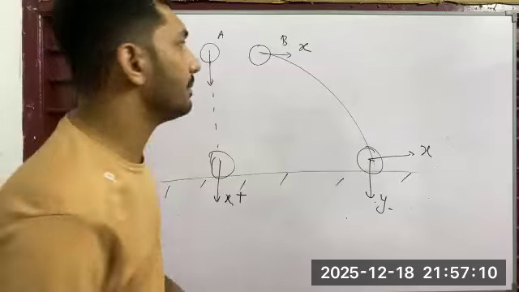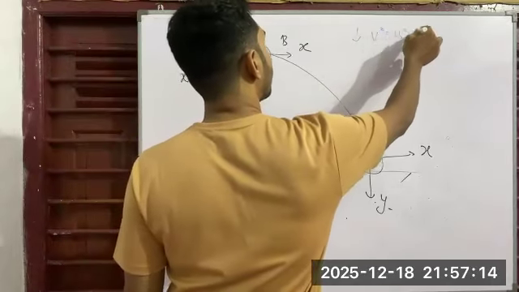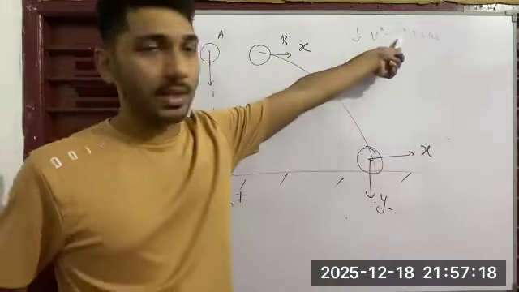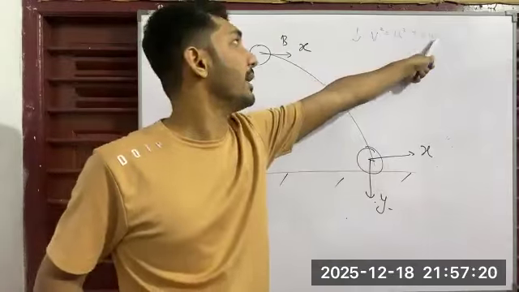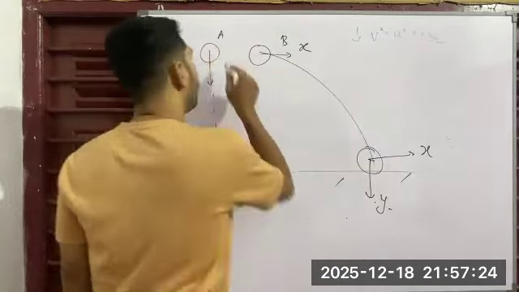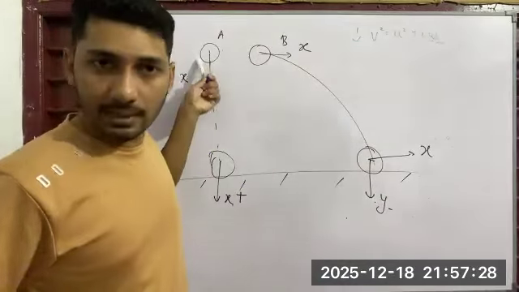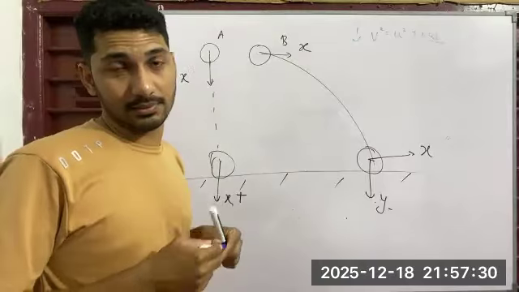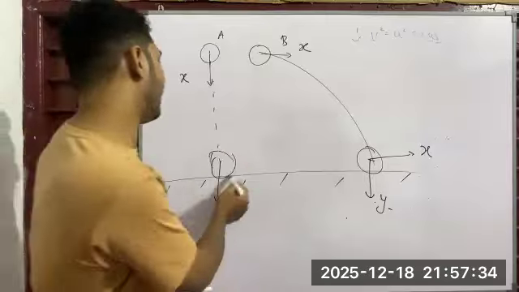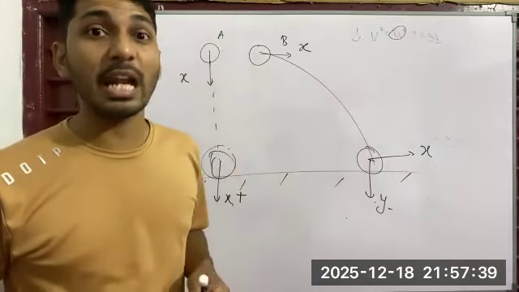So vertically using v squared equal to u squared plus 2as. For this one, there will be a u squared. 2as, a will be the g, s will be the vertical height. That part is staying for this and this, right? You got it. Additionally, this will have u squared in the equation when you calculate.